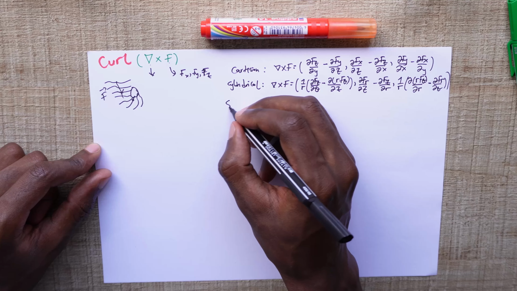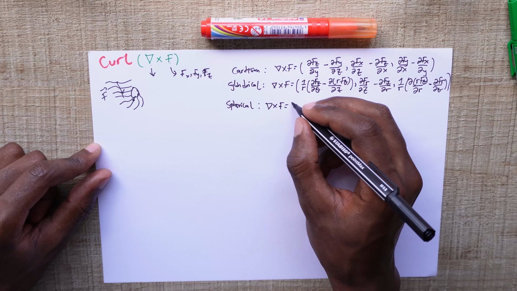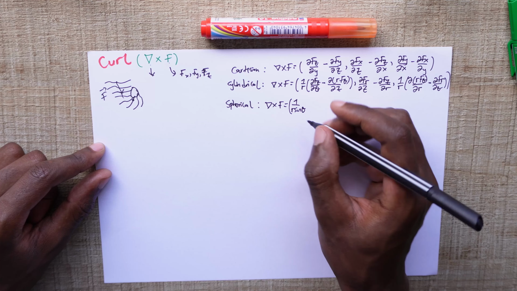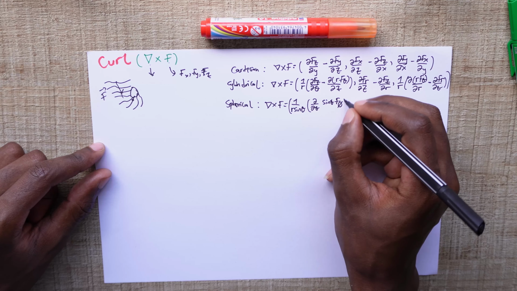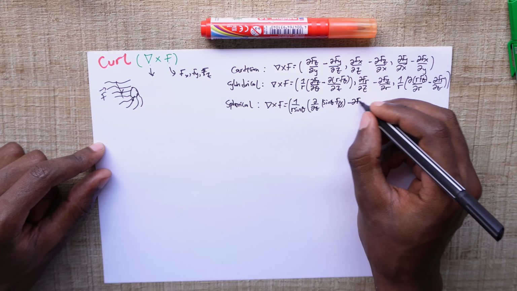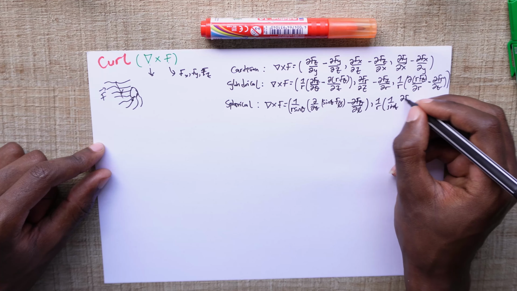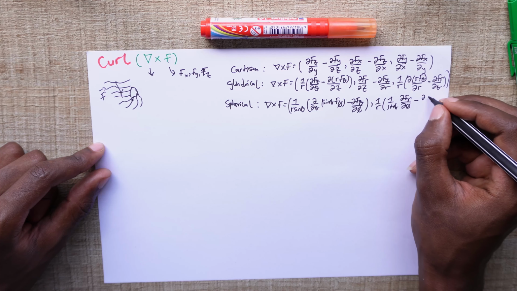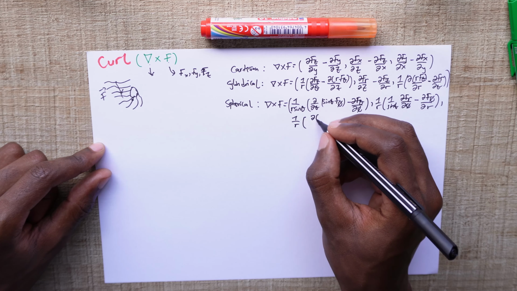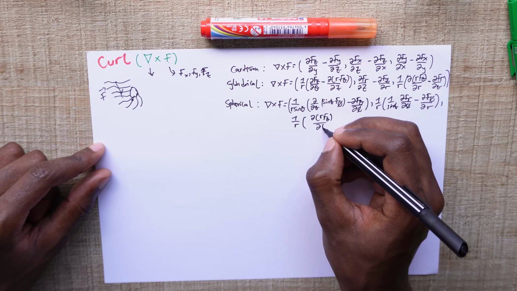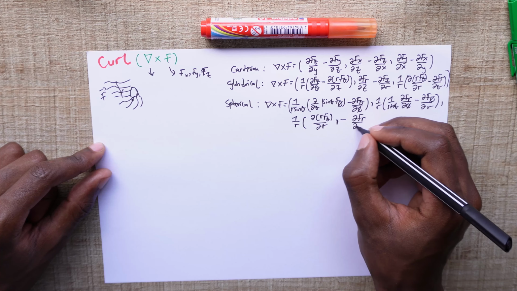Okay, and if you're in spherical coordinates, then this becomes 1 over r sin theta times ∂/∂theta of sin theta f_phi minus ∂f_theta/∂phi, 1 over r times 1 over sin theta ∂f_r/∂phi minus ∂(r f_phi)/∂r, 1 over r times ∂(r f_theta)/∂r minus ∂f_r/∂theta.